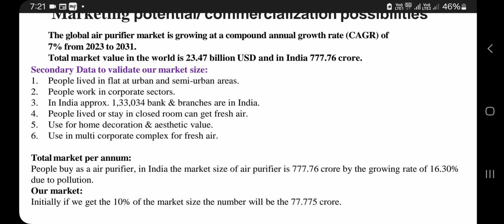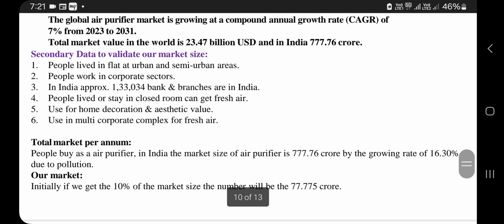We can build this system inside, and it is very aesthetically good looking, so it can be a home decorator with aesthetic value, and it can be used in a multi-corporate complex for fresh air.